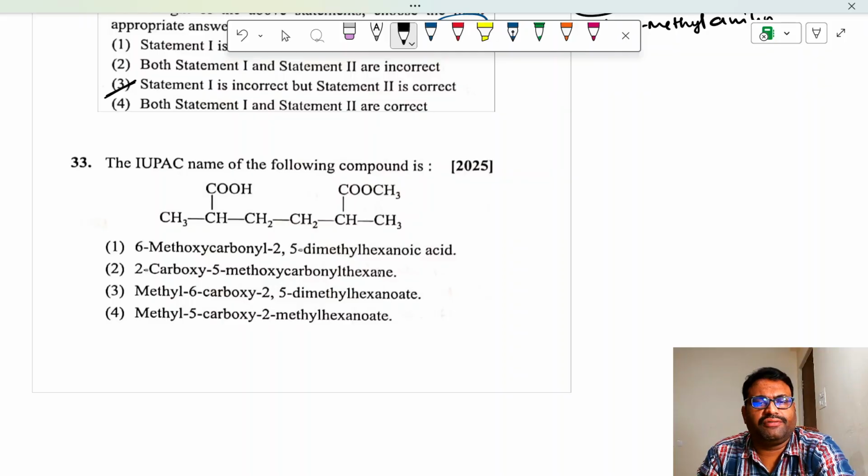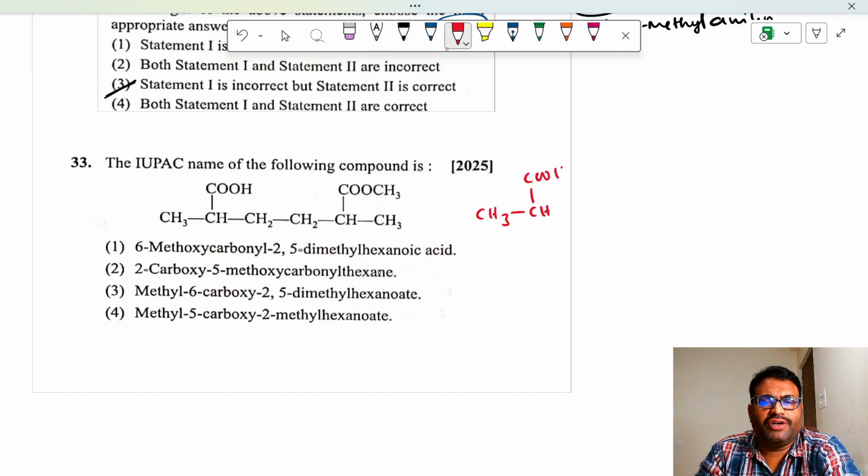Let us see the next question. In this question, if you write in detail, there is CH3, CH, COOH, CH2, CH2, CH, CH2, C double bond O, OCH3, CH.